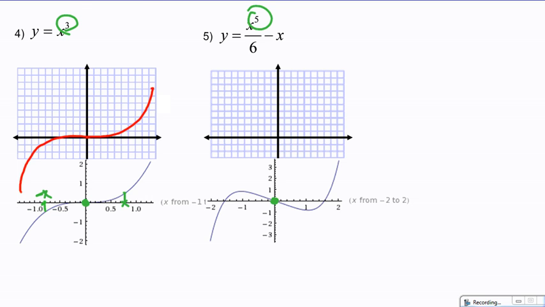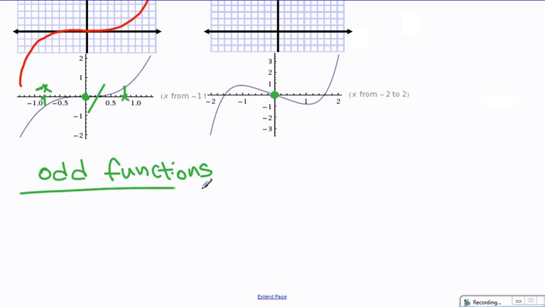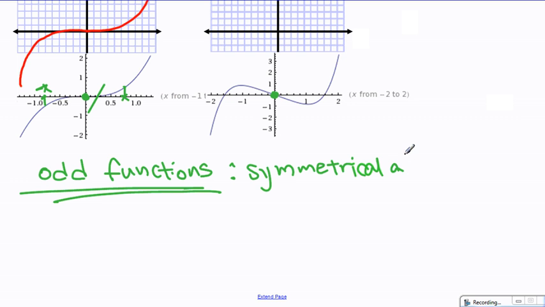And in this case, what do you think we're going to call these functions? That's correct. We would call these odd functions. In the case of odd functions, they are symmetrical about the origin.